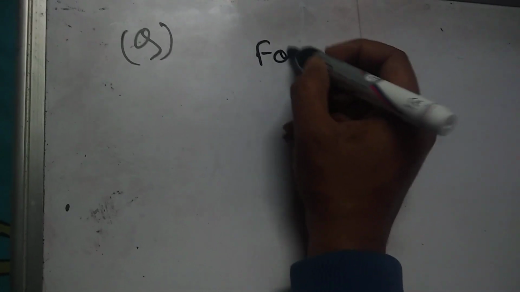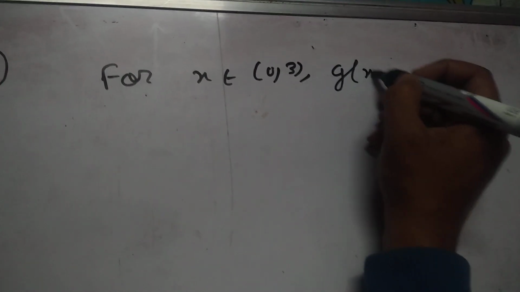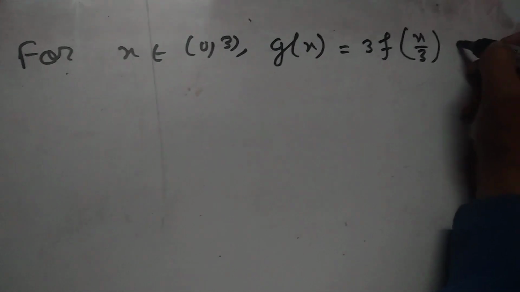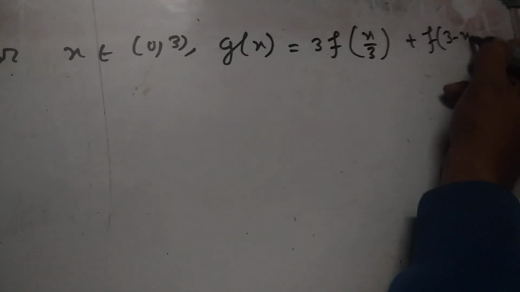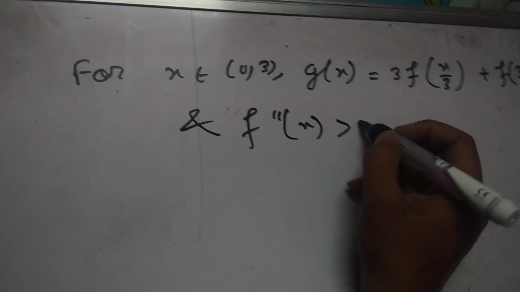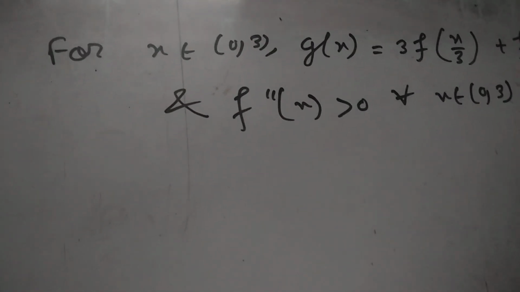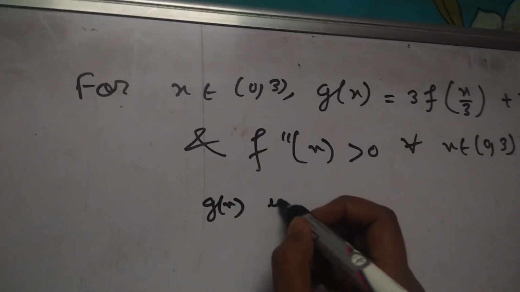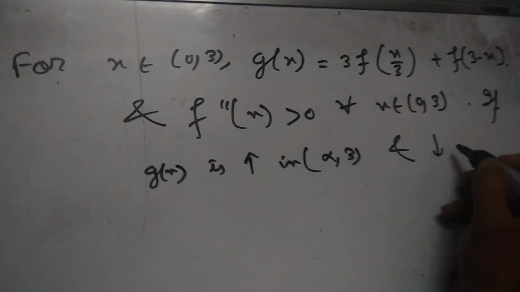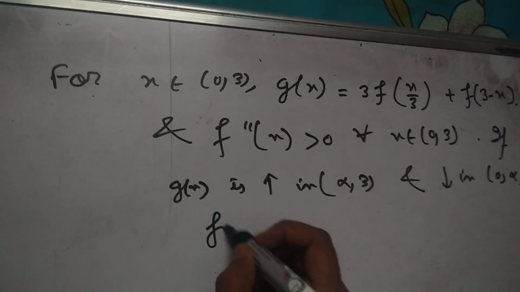Okay, for x belongs to [0, 3], we have defined g(x) as 3f(x/3) plus f(3 minus x), and f double dash x is positive for all these values. If g(x) is increasing in (alpha, 3) and decreasing in (0, alpha), find alpha.